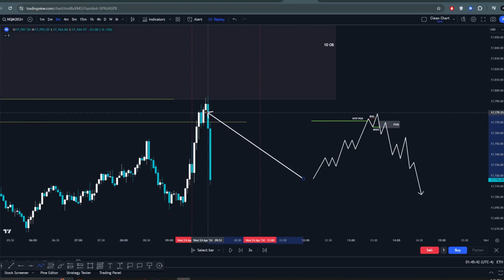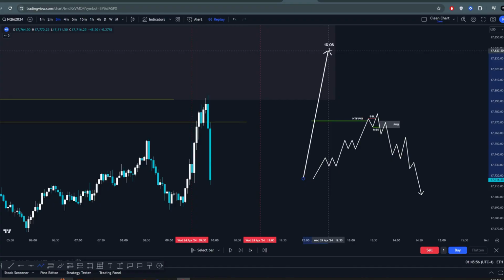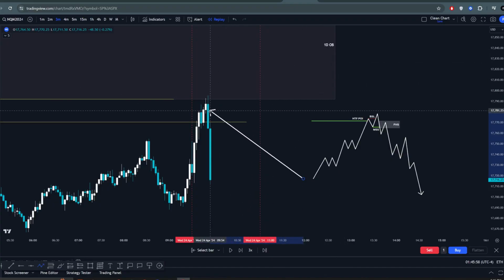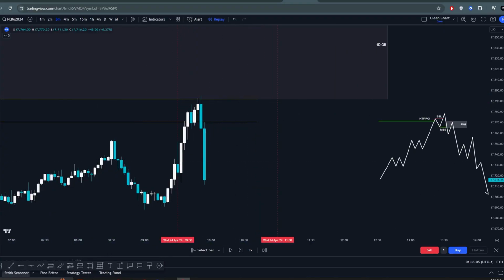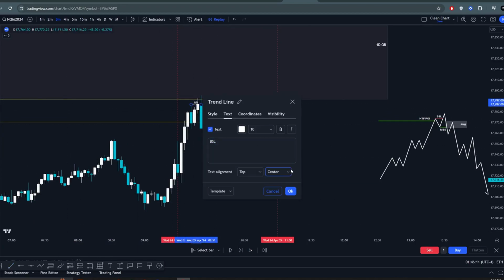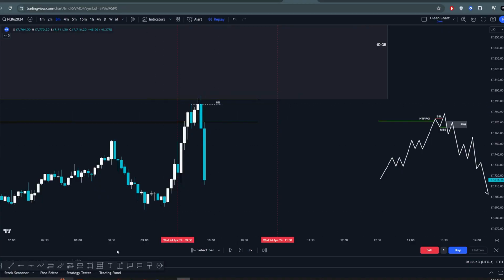As you can see, price has taken out this swing high, fully refilling our 1-day fair value gap, at the same time reacting into our 1-day order block, and we have here our market structure shift. So let's mark this, buy side liquidity taken, and right here we have market structure shift as well.